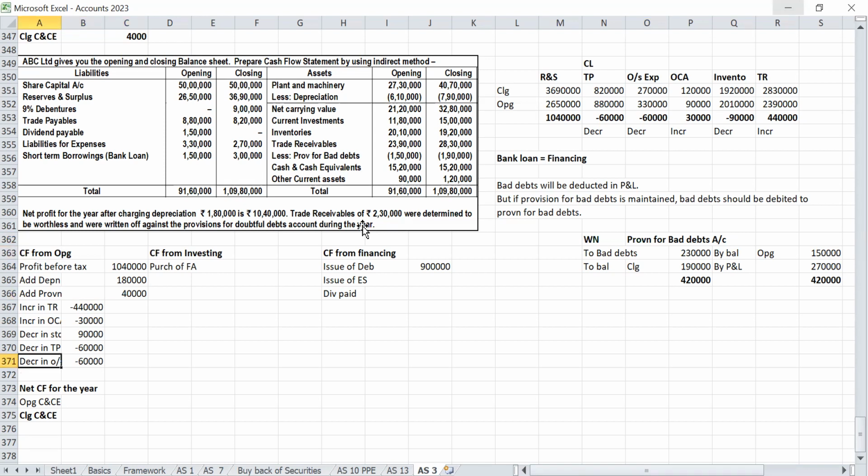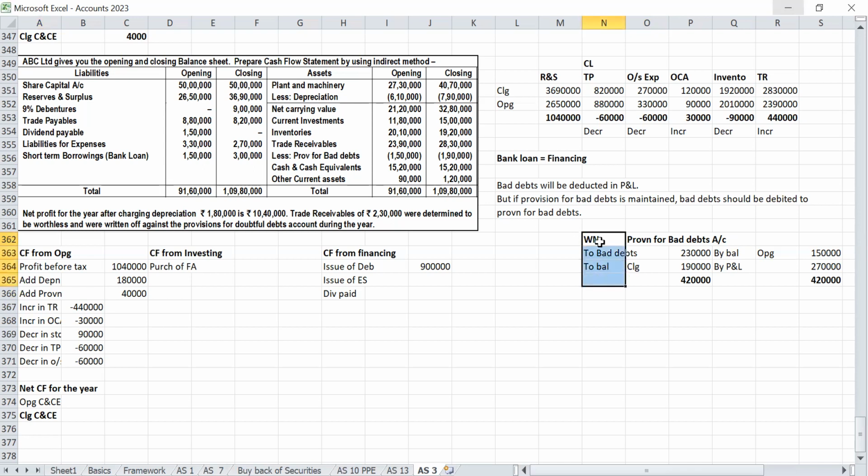An alternative assumption is also there. If you take 2,70,000, I should reverse this bad debts to trade receivable and then compare. That is the other way. It will be confusing for you, so ignore it. It is just 1,50,000 becoming 1,90,000, so 40,000 you should add. That's it. This is provision.